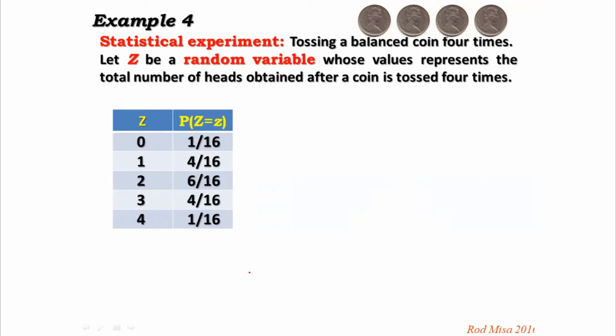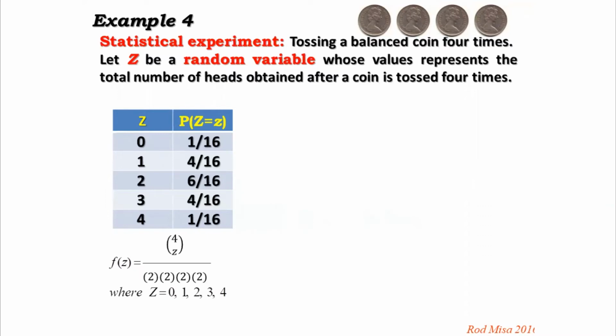However, we can represent this table using a formula. And our formula for our probability mass function is f of z. And this f of z is the combination of 4 taken z at a time, all over the product of 4 2's, where z can have values from 0 to 4.